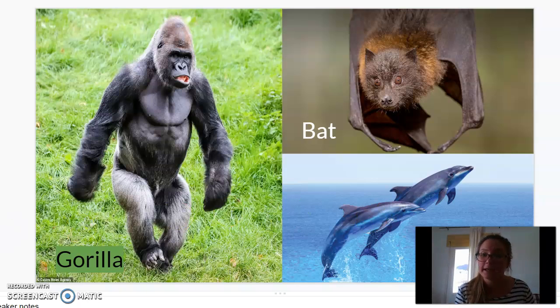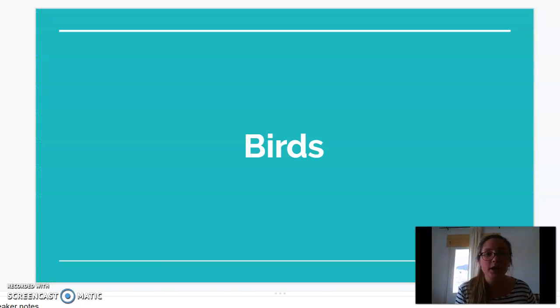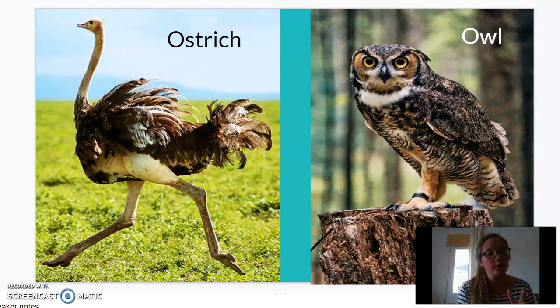Let's go to the second category. Birds. Here are 2 examples of birds, and birds have backbones, right? So our first example is an ostrich. Ostrich. That's a very difficult word to pronounce.